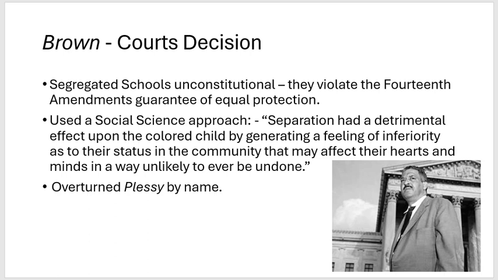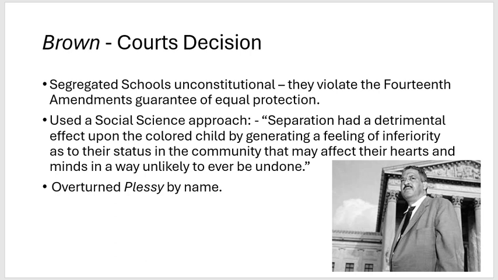One of the things that is almost unique, of course, unique has the connotation it's the only one. But the Supreme Court overturned Plessy by name. In Brown versus Board of Education, the Court said the name of the case, we are overturning Plessy versus Ferguson.